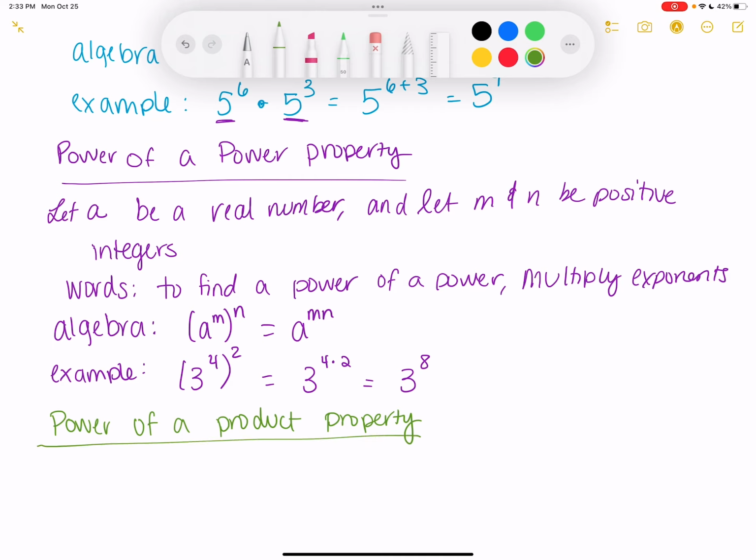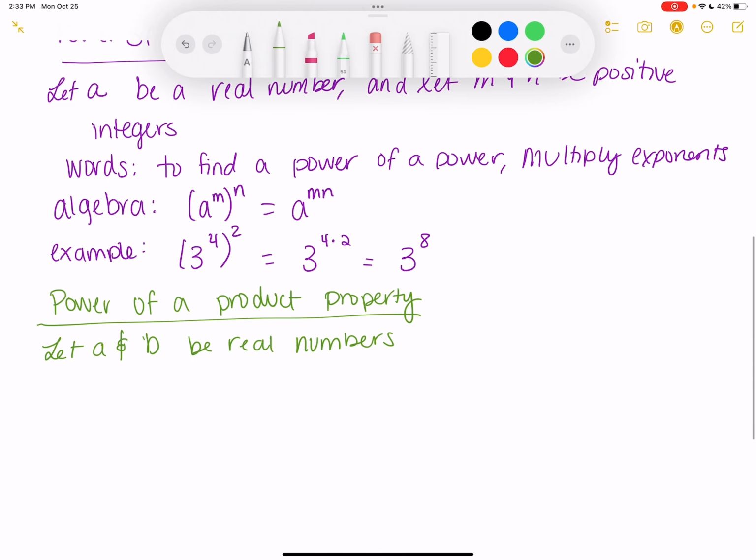So this one, let a and b be real numbers, and let m and n be positive integers.